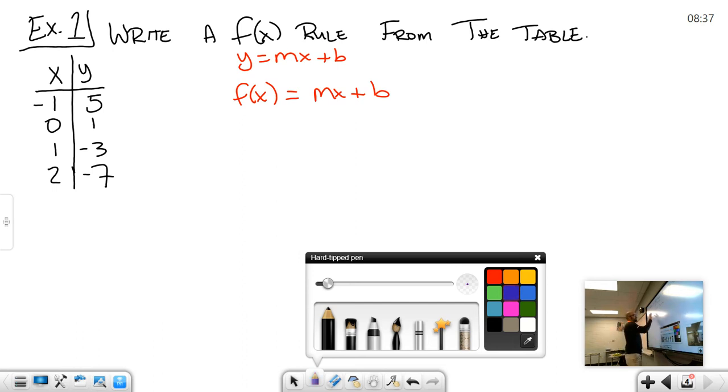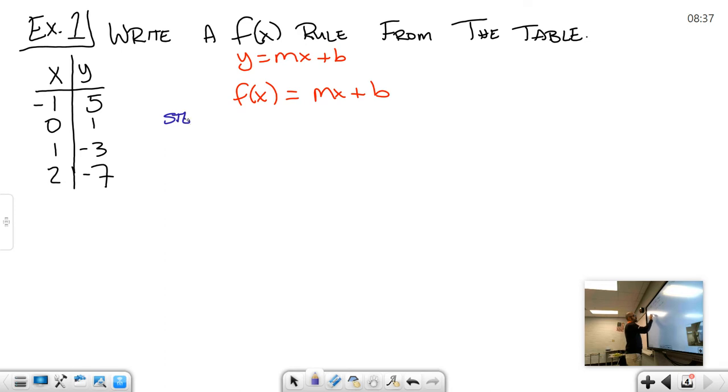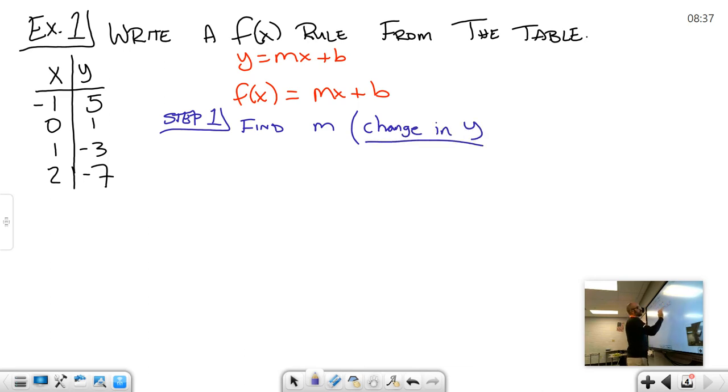Step one, we're going to find our slope. So find m, which is the change in y over change in x. That's the first thing we do.